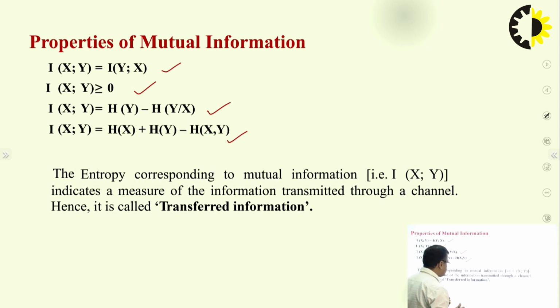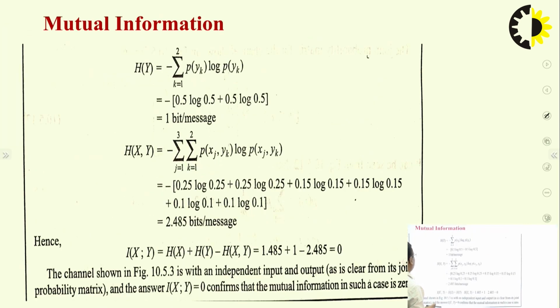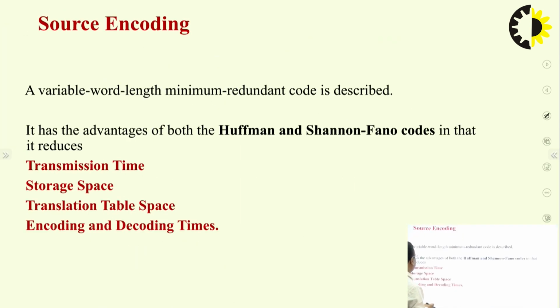So, mutual information means transferred information between the x and y random variables through a channel in a communication system. Now, using the Venn diagram also we can understand the meaning of mutual information. This overlapping part shows the mutual information between x and y. These are some numericals that you can also solve.